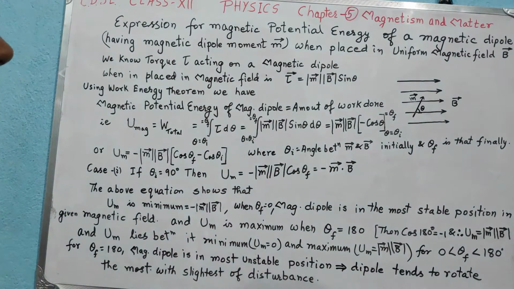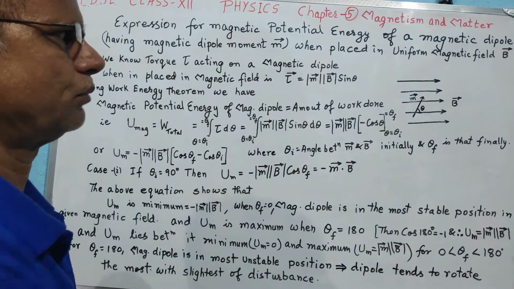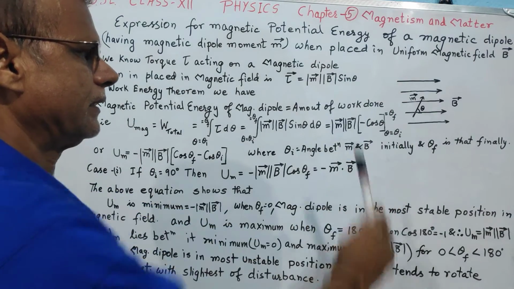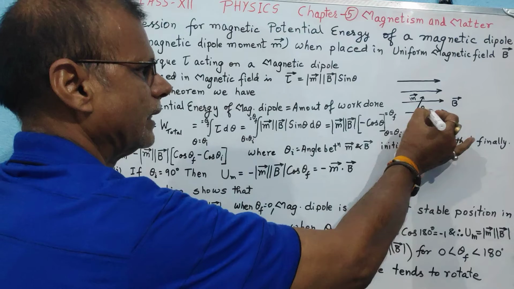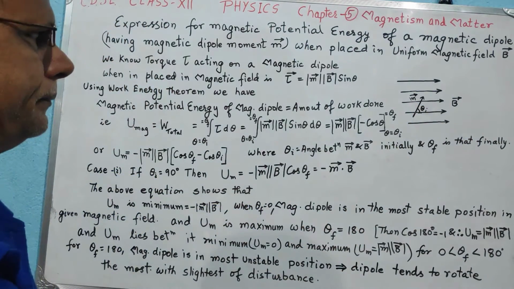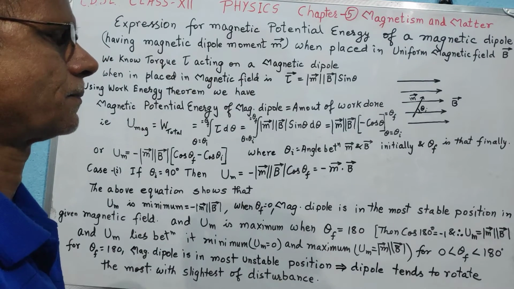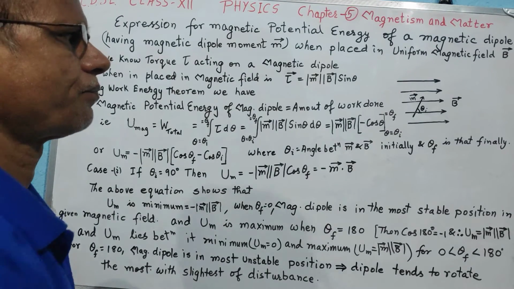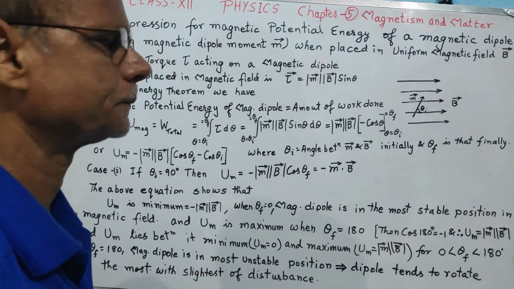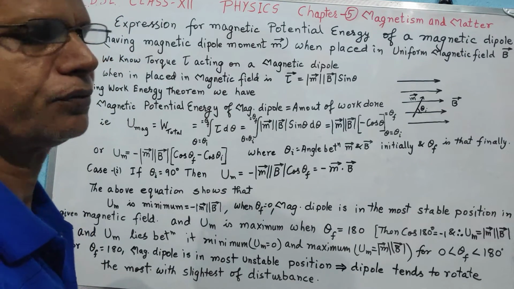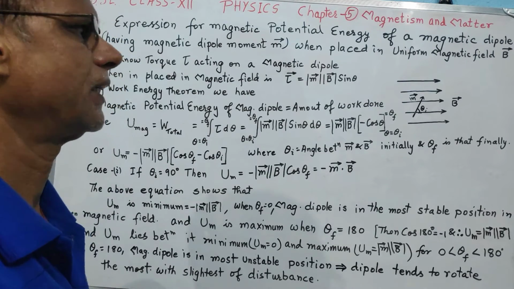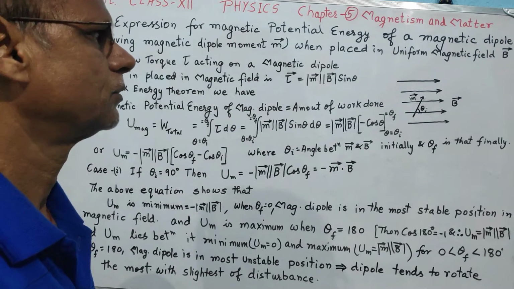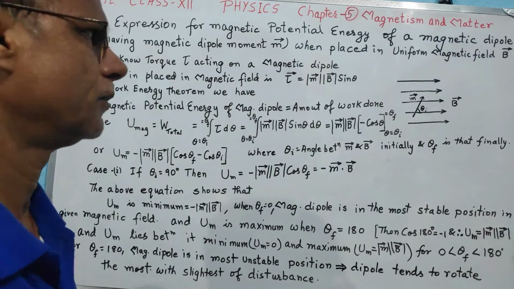Here we have assumed that a magnetic dipole having magnetic dipole moment m is placed in a uniform magnetic field B and is making angle theta initially with the magnetic field, and then it is rotated to make angle theta F with the magnetic field B. Then whatever amount of work we do must get stored in the form of energy, and that is called the magnetic potential energy of the magnetic dipole.